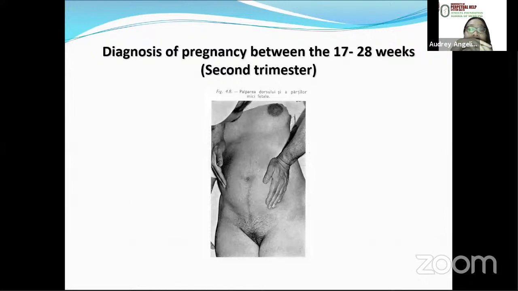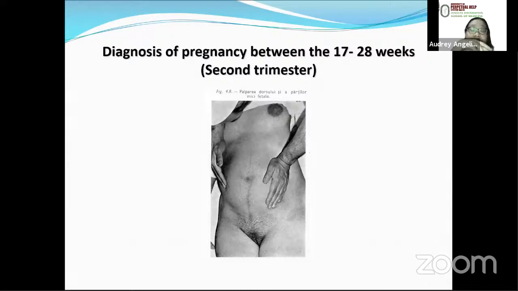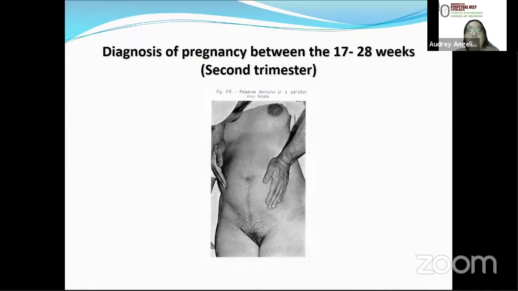What is your LM2 then? Umbilical grip. Okay, you look at the sides. And what will you palpate for? Okay, you look at the fetal back and your fetal limbs.